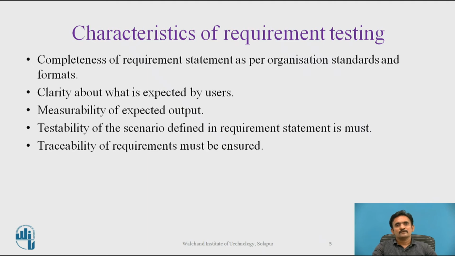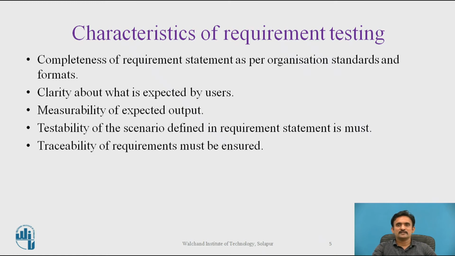The next one is regarding measurability. It is expected results, possibly in numerals, so that these results can be tested. So, the test case will have expected results which must satisfy the measurement criteria defined. Clear? And next one is regarding testability of the scenarios defined in requirement statements, which is a must.